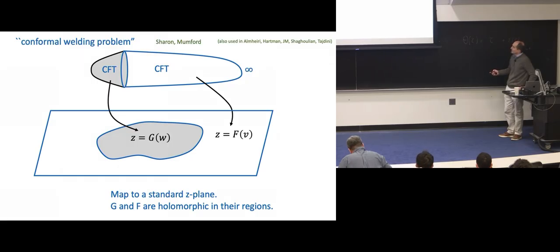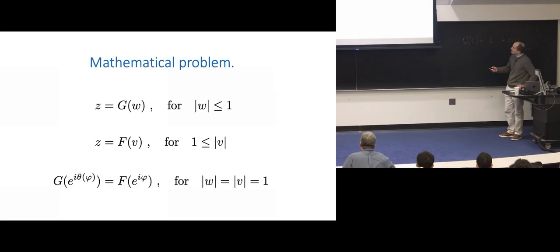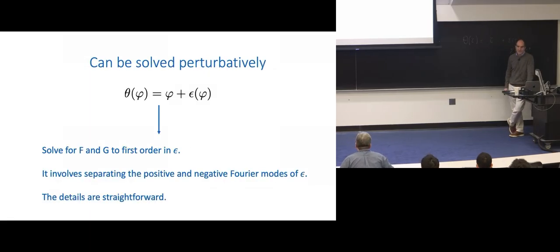F and G are holomorphic in their regions. So we now have a mathematical problem where these two holomorphic functions have to be equal along the boundary circle, so along the modulus of omega equal to 1 and modulus of b equal to 1. That's a well-defined mathematical problem.